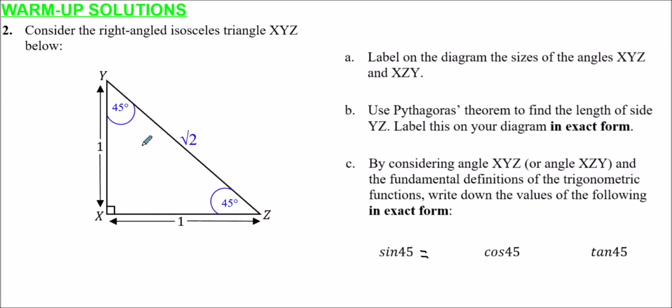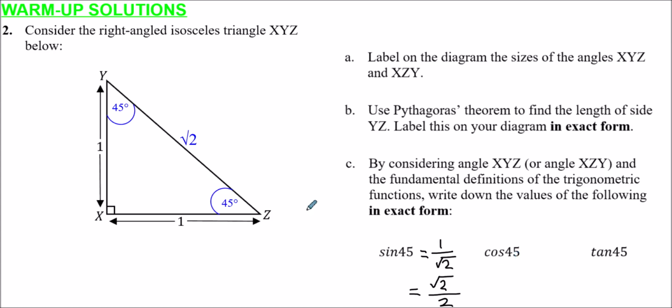So opposite the angle is 1, divide that by the hypotenuse, which is root 2. So sine 45 is 1 over root 2. That's fine. Or we could rationalise the denominator by multiplying both top and bottom by root 2. If we do that, we'd get root 2 over 2.